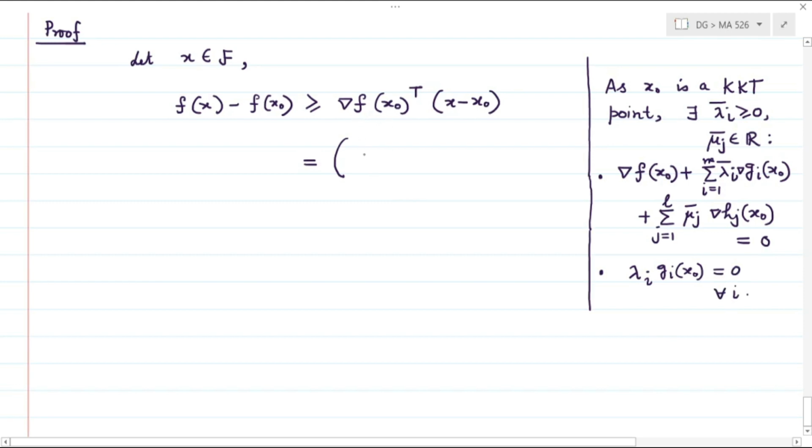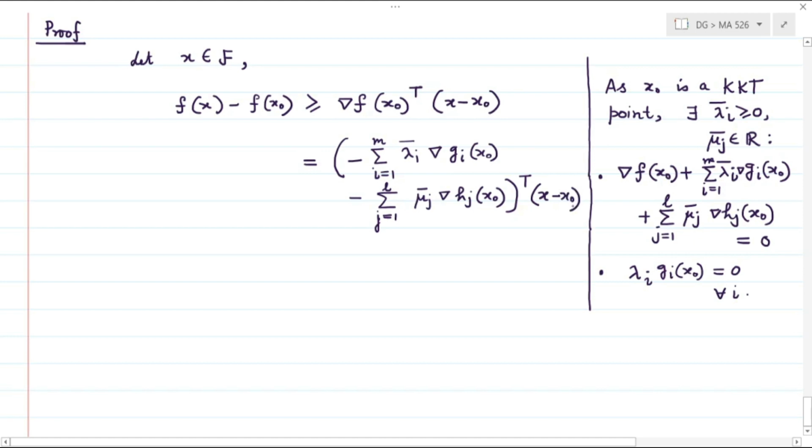Grad f(x0) is the negative of the summation over i = 1 to m of λ_i bar grad g_i(x0) plus the summation j = 1 to L of μ_j bar grad h_j(x0), transpose (x − x0).